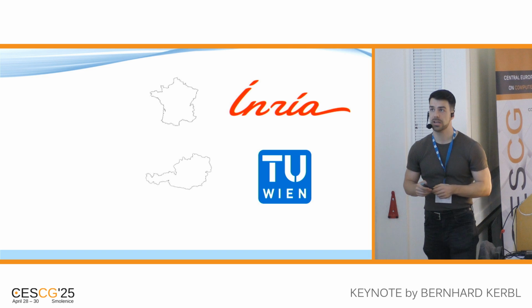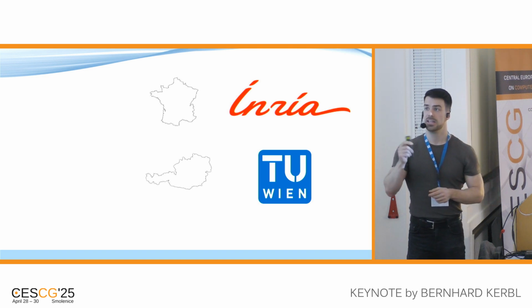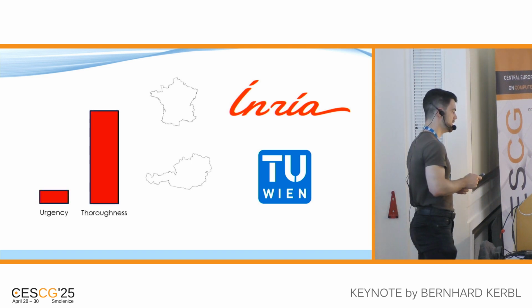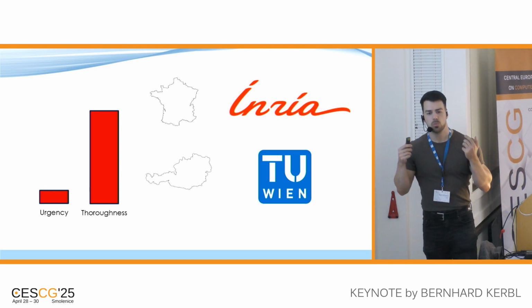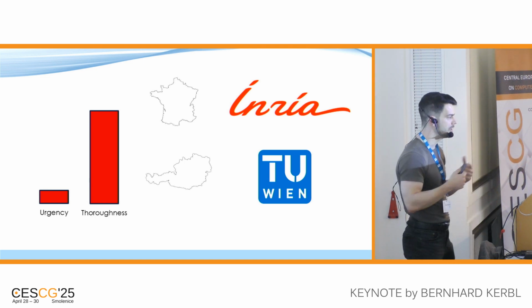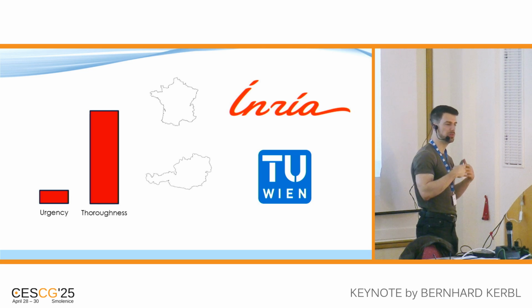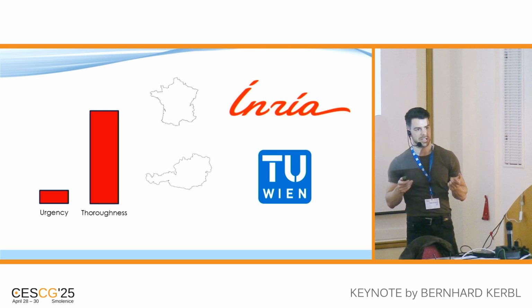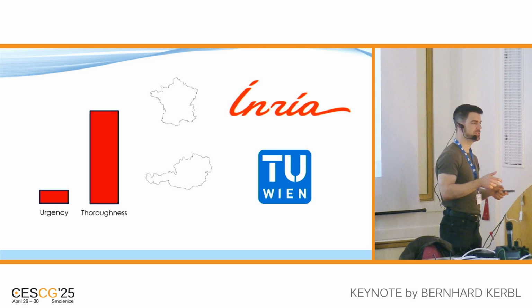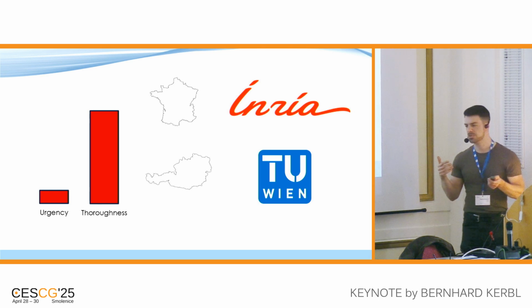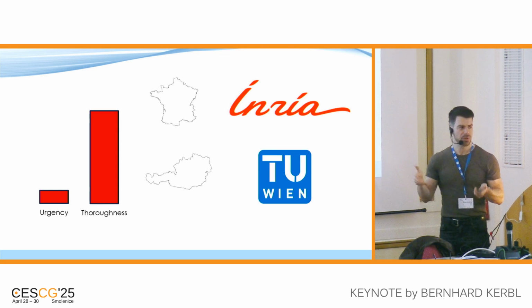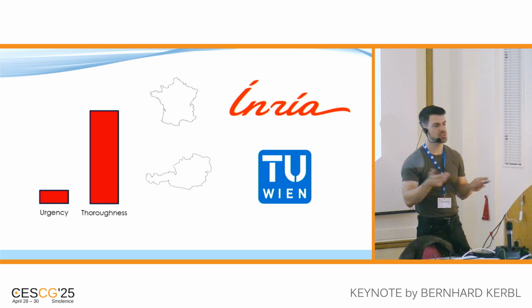To bring back my urgency and thoroughness scale, this was work that we knew wasn't very contested. It was a highly theoretical problem, and there was not that much pressure to actually resolve it, because 3D Gaussian splatting was working sufficiently well.